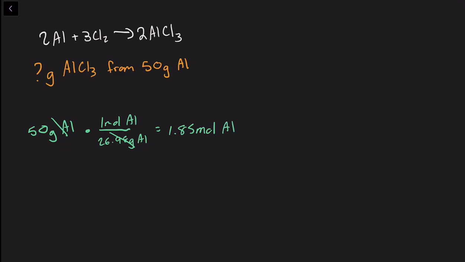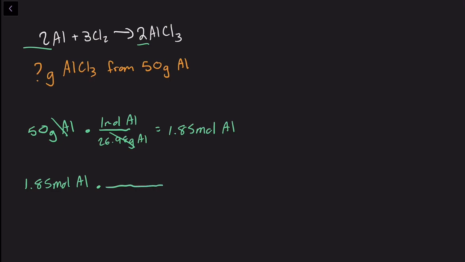Now we're going to do our second step, which is the mole-to-mole ratio, and that's going to be based off of our coefficients in our equation. So here it's 2 moles of aluminum gives us 2 moles of our AlCl3. So it's a 2:2 ratio or 1:1 ratio, but I'm going to keep it as a 2:2 ratio. So we're going to do our 1.85 moles of aluminum, and we're going to convert it to moles of our aluminum chloride.